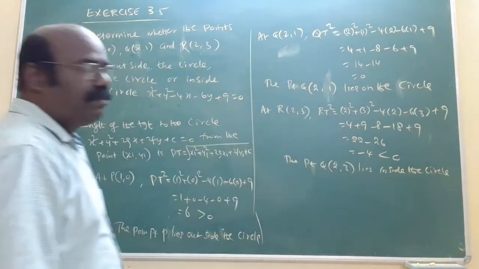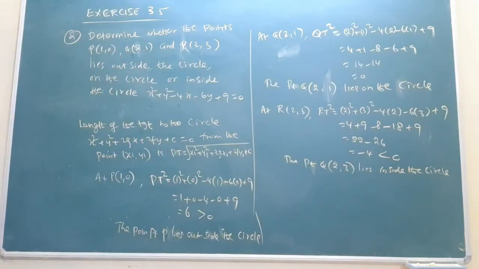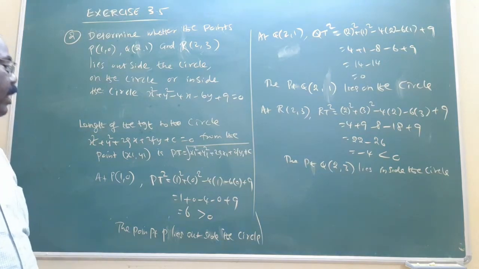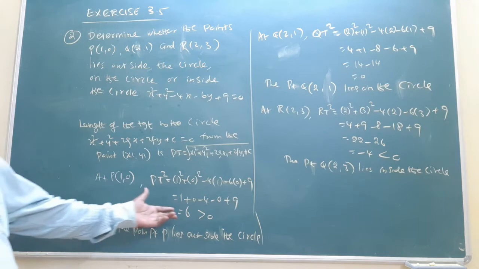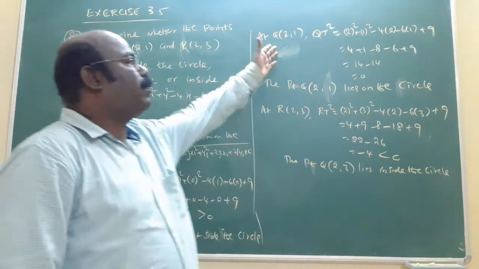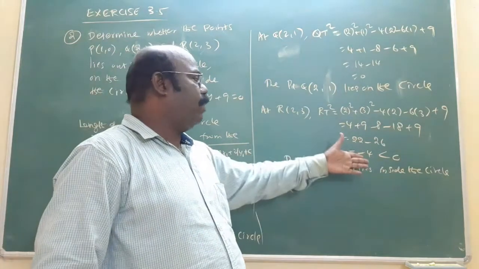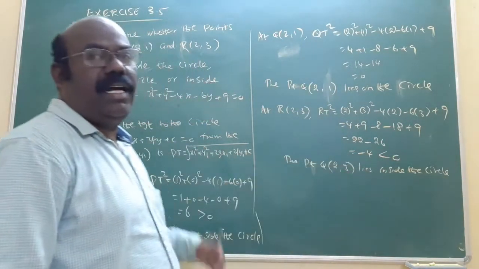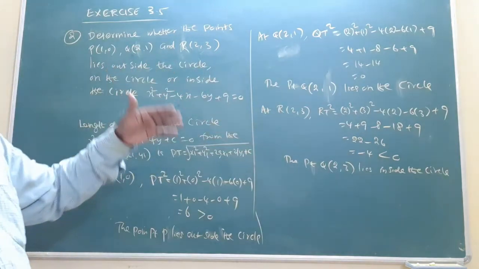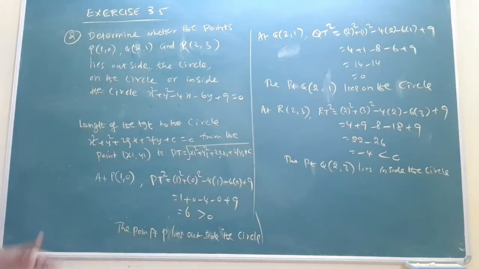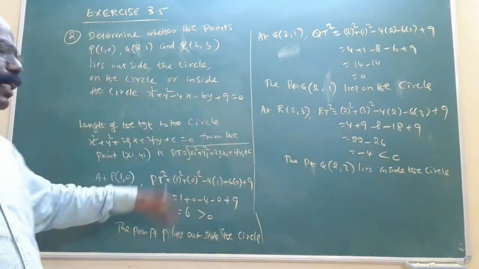Three points are given. Verify whether the points lie on the circle, outside the circle, or inside the circle. The first point is positive, so it lies outside. The next point equals 0, so it lies on the circle. The third point is negative, so it lies inside the circle. This is an important idea. First write the formula clearly, next write the answer.